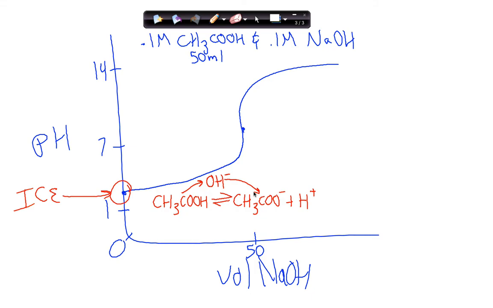You okay? Okay. Now guys, what about at equilibrium? It's not 7. So if it's not 7, what's going on? Well, what's going on here is the salt. How do I say this? A salt ion is reacting with the water.